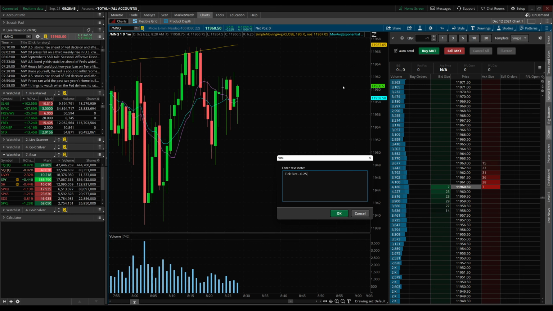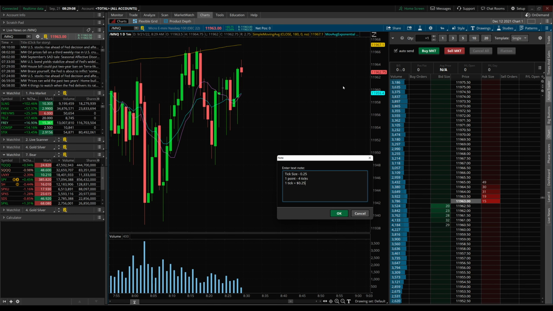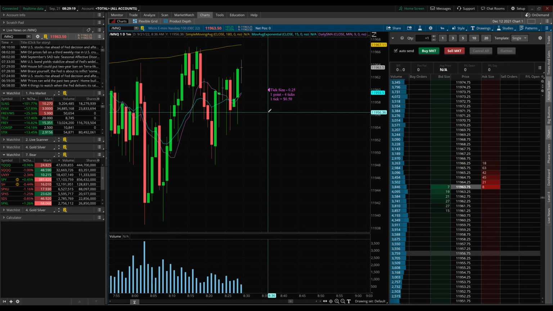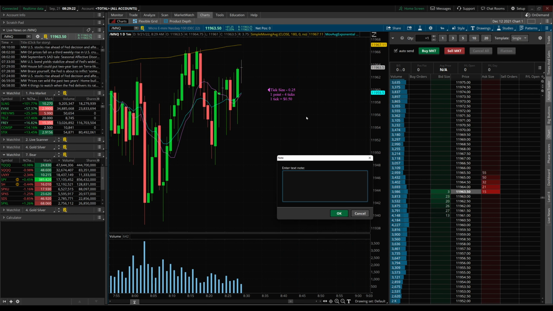So the tick size is 0.25. 1 point equals 4 ticks. One tick equals, I think that's 50 cents. Let me check. Yeah, it was 50 cents.